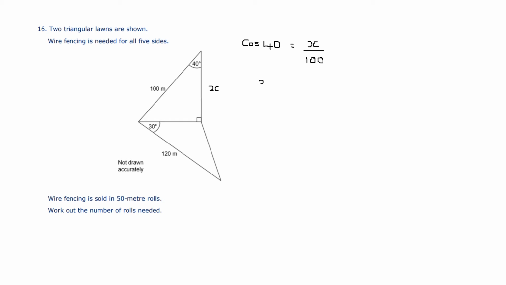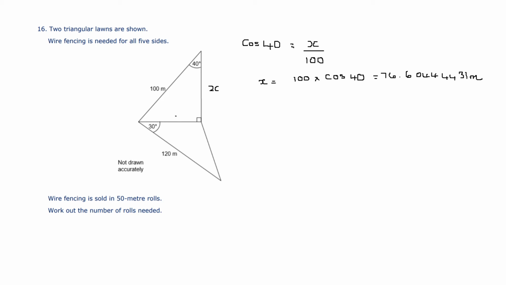So therefore X is going to be equal to 100 times cos 40, and that's going to give me 76.60444431 metres. And I'm going to keep that whole value because I may need it later.